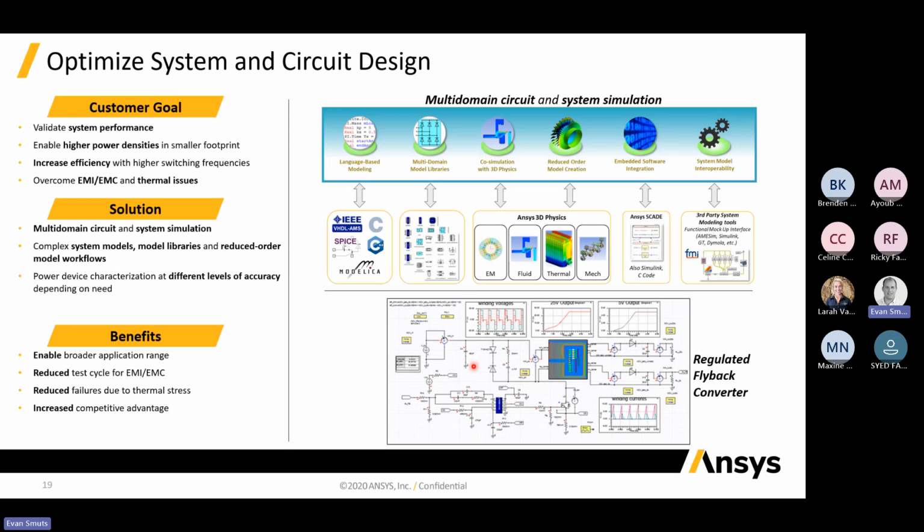So this is where we talk about system design and multi-scale modeling, and how we combine all these different levels of detail together. Obviously at system level design, we should be able to get answers fairly quickly, and that's the goal behind this.